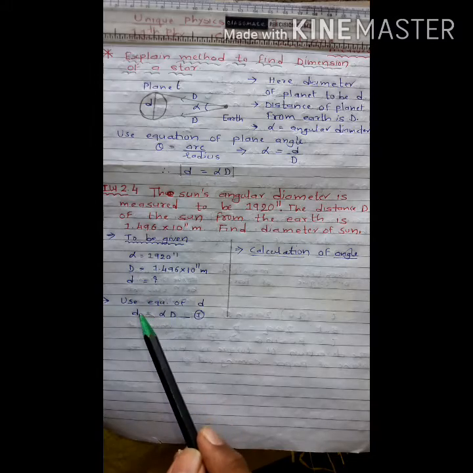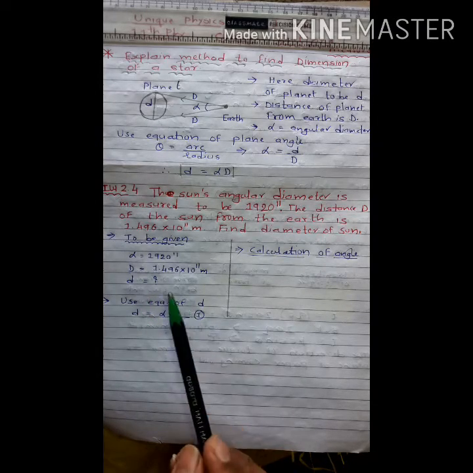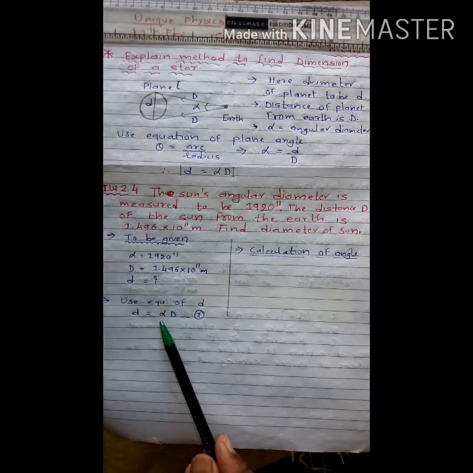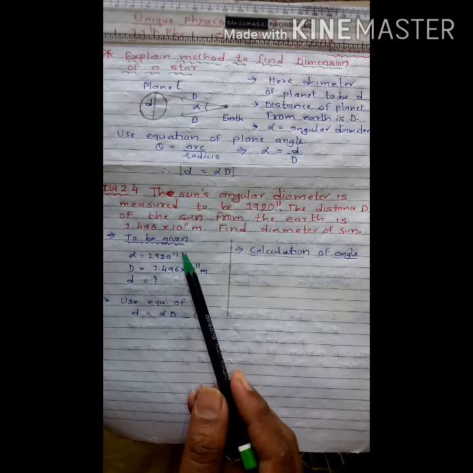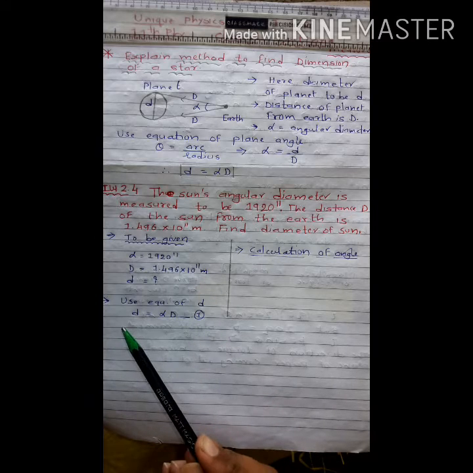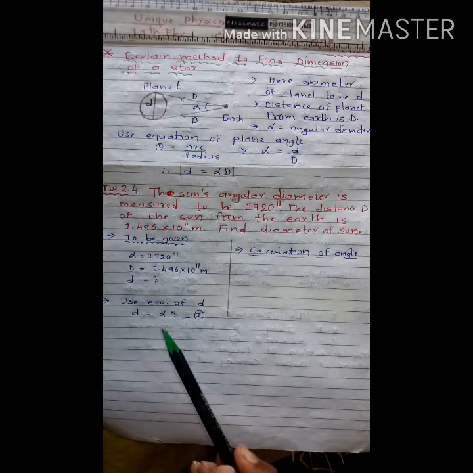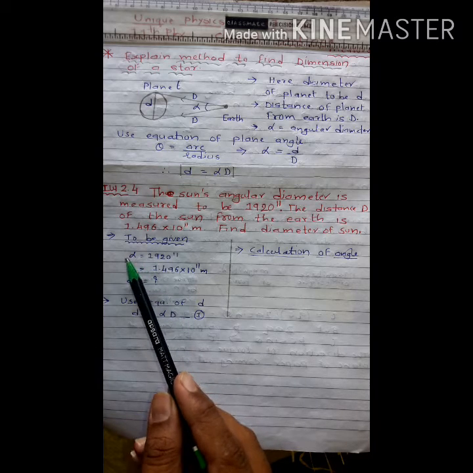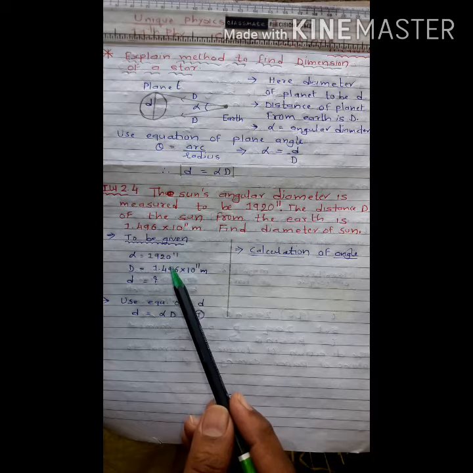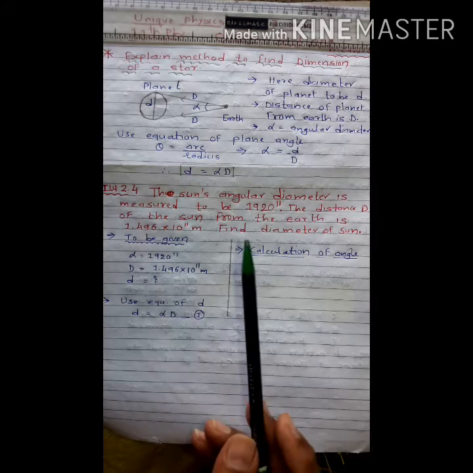We want small d. According to this theory, small d is equal to alpha into capital D. The values of alpha and capital D are given, so we can find the value of small d. But remember this point, the value of alpha is given in seconds. So first of all we convert this value into radian.